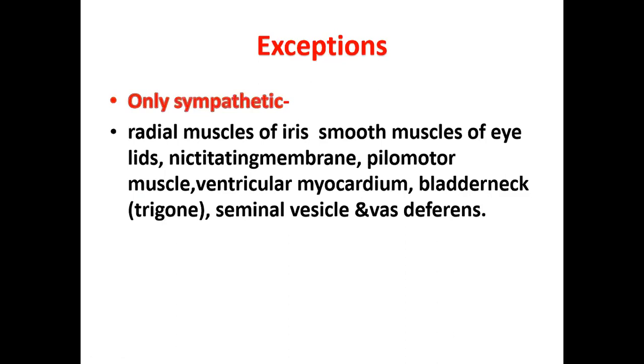Now, what are the exceptions in this innervation by the sympathetic and parasympathetic nervous system? Among the sympathetic-only exceptions, the radial muscles of the iris, smooth muscles of the eyelids, nictitating membrane, the pilomotor muscle, ventricular myocardium, the trigone of the bladder neck, the seminal vesicles and the vas deferens are supplied only by the sympathetic nervous system.